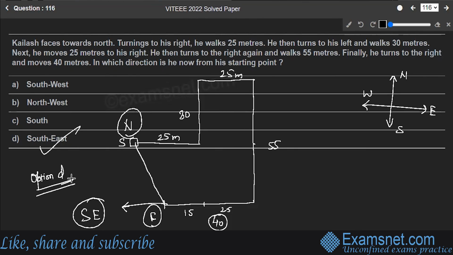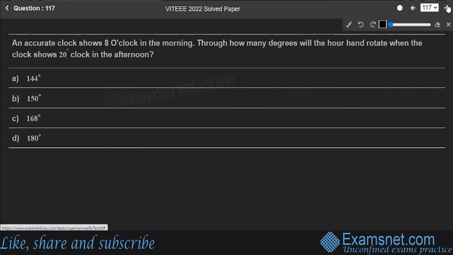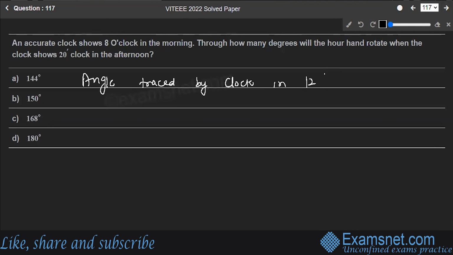Hope you understood this. Let's move to the next question, number 117. An accurate clock shows 8 o'clock in the morning. Through how many degrees will the hour hand rotate when the clock shows 2 o'clock in the afternoon? See, the angle traced by the clock in 12 hours is 360 degrees.